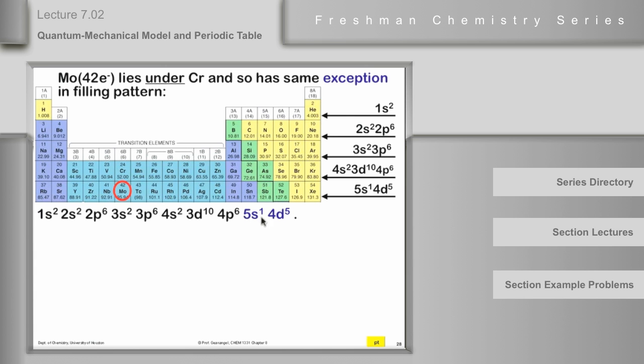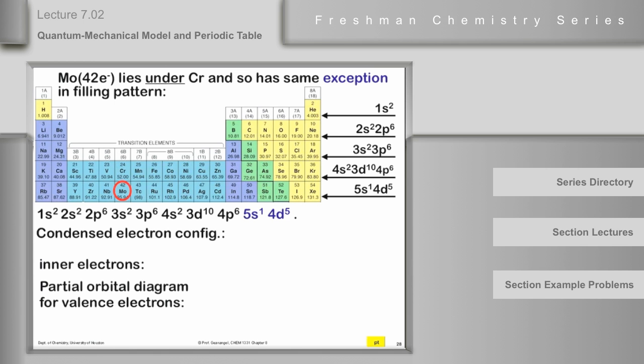And the outer electron, or the valence electron configuration, is 5s1, 4d5. And the condensed electron configuration would be krypton, 5s1, 4d5. So I'll write that down for you. Krypton, 5s1, 4d5.